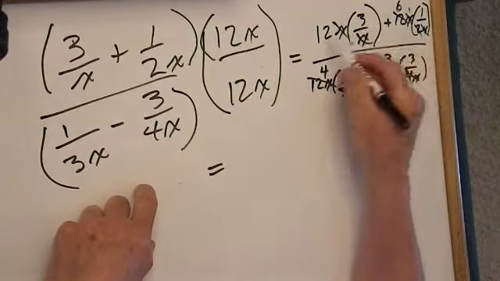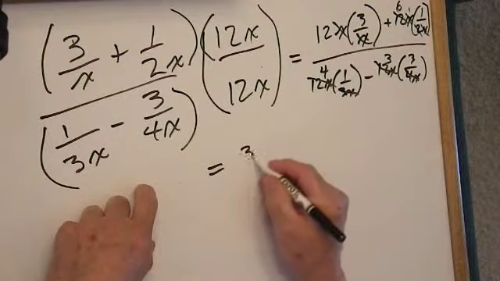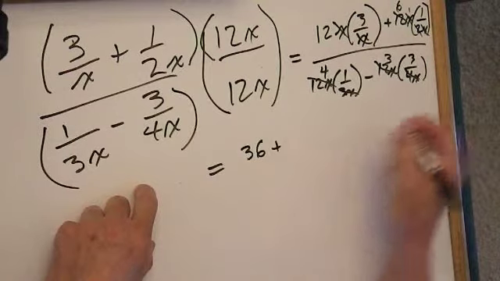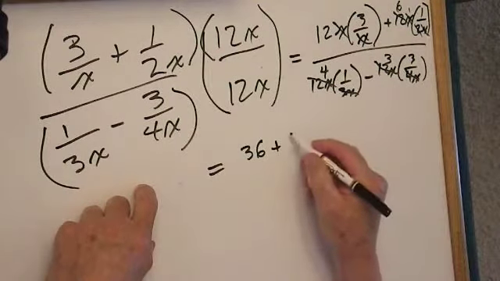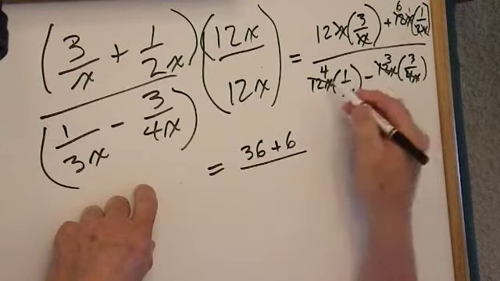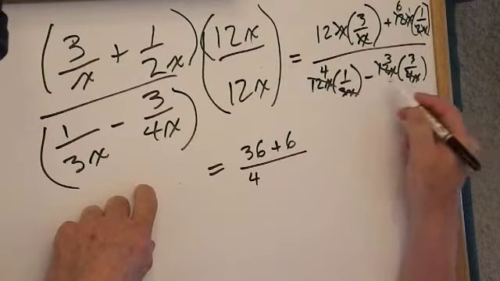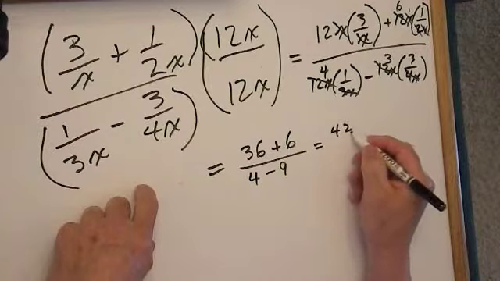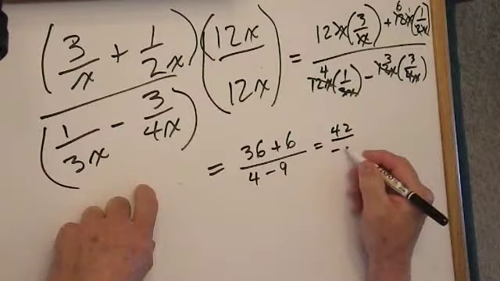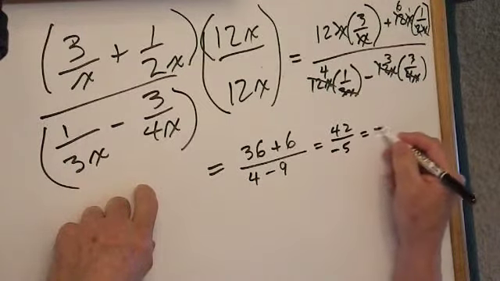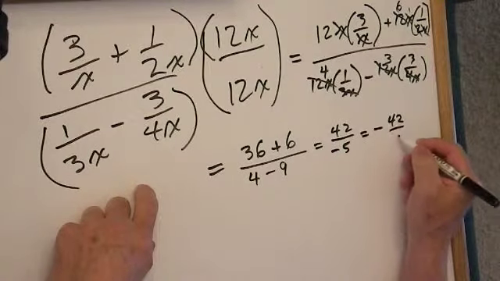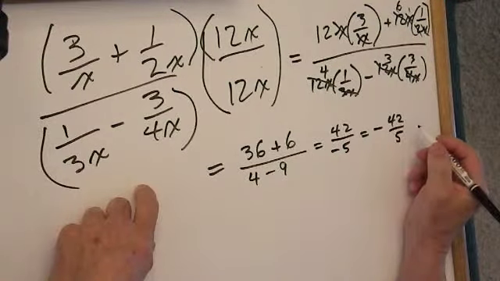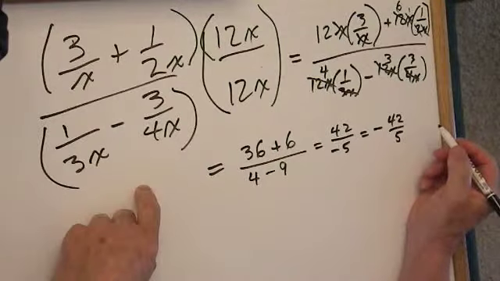So we'll end up with 12 times 3 over here, so that's 36, plus 6 times 1, just 6 there. And we get a 4 here, and we get a minus 9 here, so that's 42 over minus 5, which would be the same as minus 42 over 5, which is the same answer they got in the book, thank goodness.